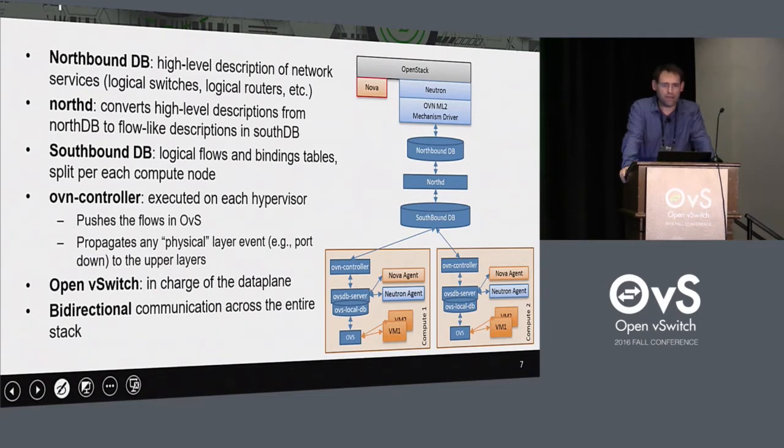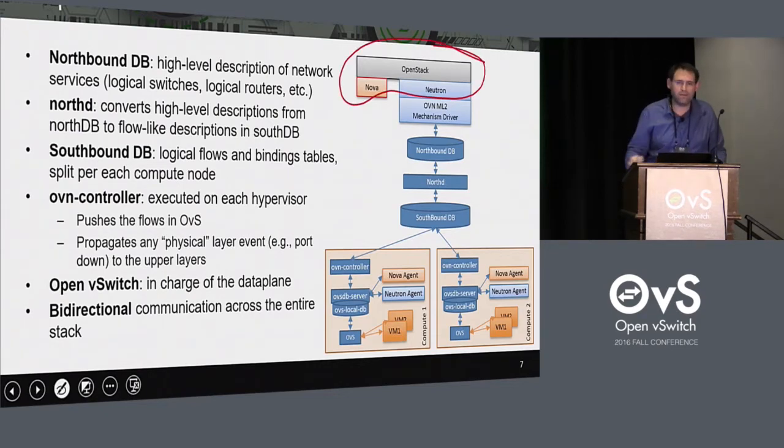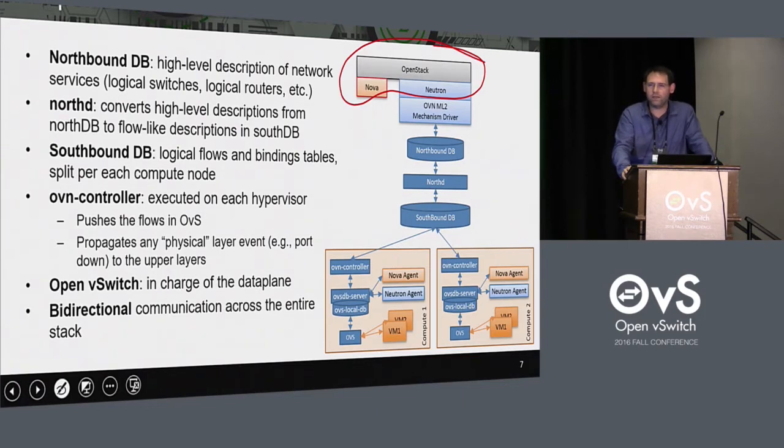And in fact, we're not just presenting OVN, but also the integration of OVN into OpenStack, which is a little bit needed right now, because OVN is basically doing the process from the top down. I mean, that's easy to understand. So when OpenStack says create a network, connect a VM to this network, and so on, we can see a flow of information that goes from the top, OpenStack, to the bottom, to the hypervisor.